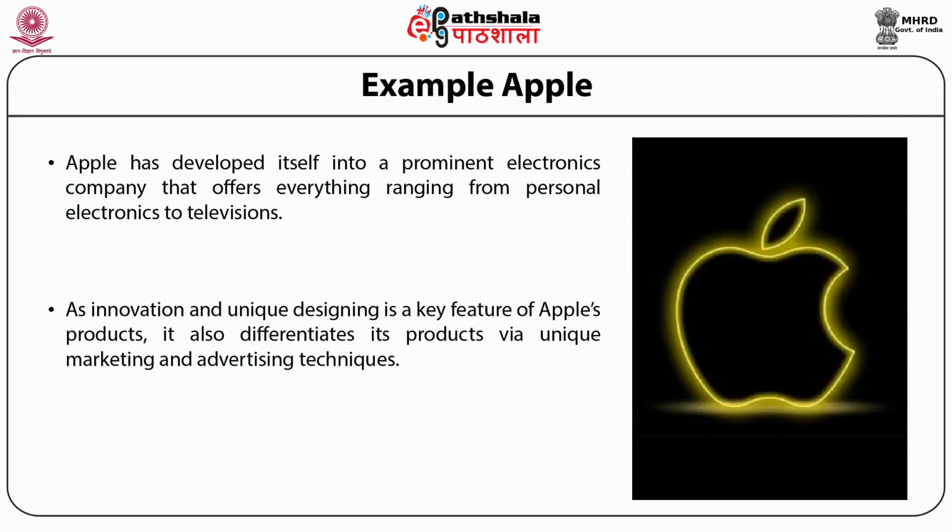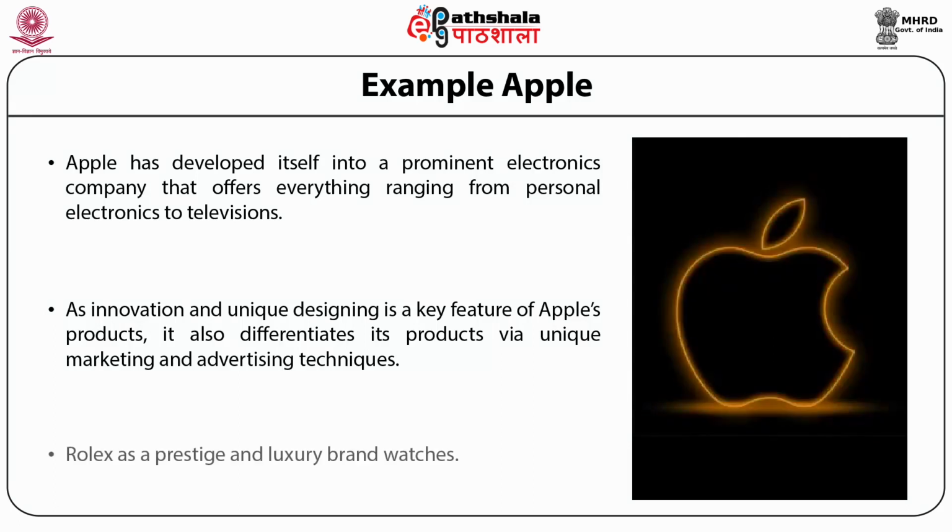And this is how Apple maintains differentiation across its genre in the industry. Rolex, as a prestigious and luxury watch brand, maintains its differentiation as a brand that caters to luxury customers, and buying Rolex is a matter of prestige for the customers.